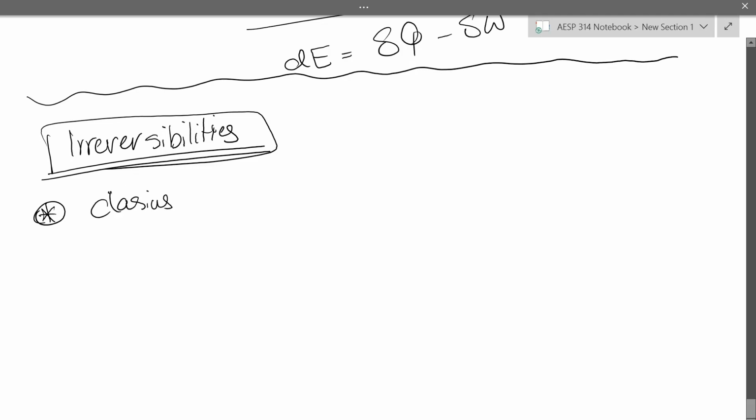First one is called the Clausius statement.